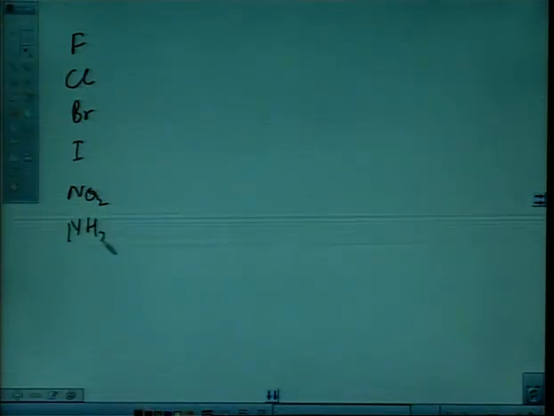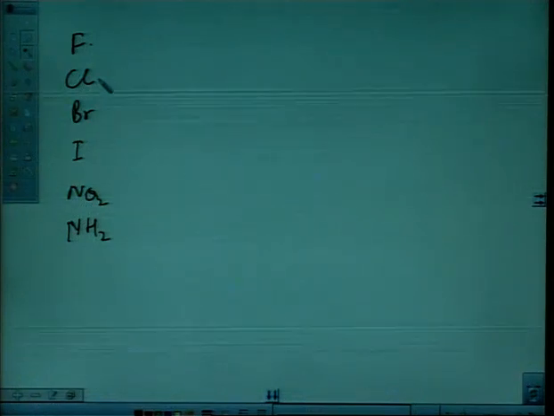So the secondary prefix also, according to there are Fluoro, Chloro, Bromo, Iodo, Nitro, Amino. If these are prefixes, these are named according to Fluoro, Chloro, Bromo, Iodo, Nitro, Amino, and alkyl groups are named according to the carbon count.